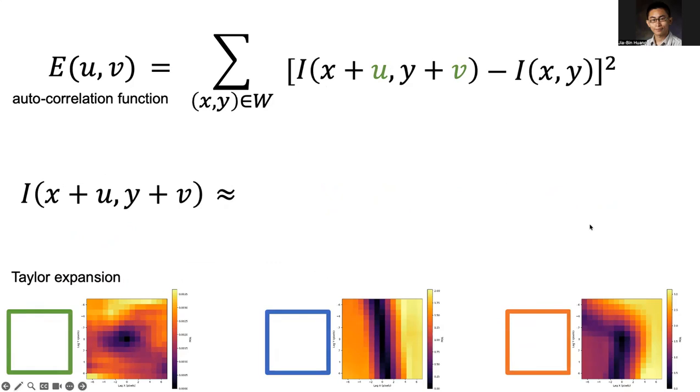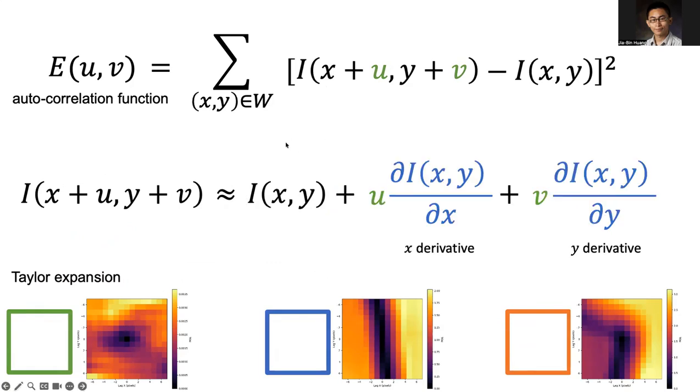You have the value at that xy location, plus u times the x derivative and v times the y derivative. It's just a simple generalization, because you can think about an image as a two-dimensional function.